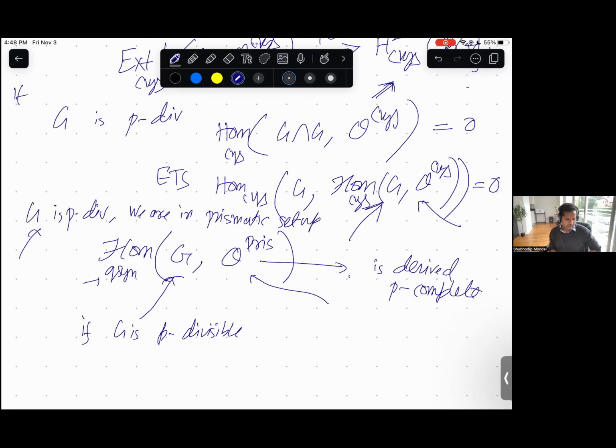I think in that setup it uses some other kinds of reductions, which might not be good to mention now. But in this setup, it's very simple. It's just because of G being p-divisible and O-pris being derived p-complete. So this will be 0.